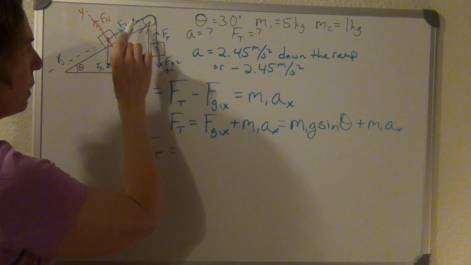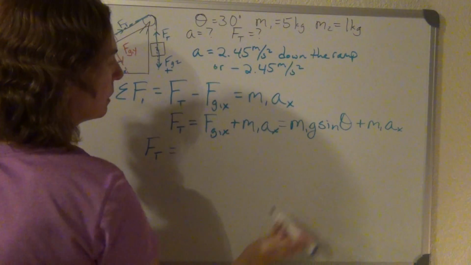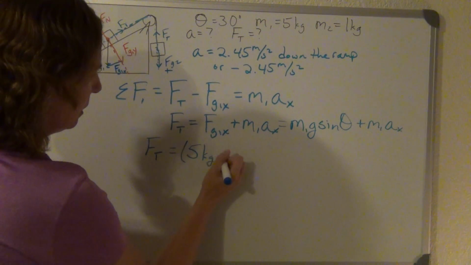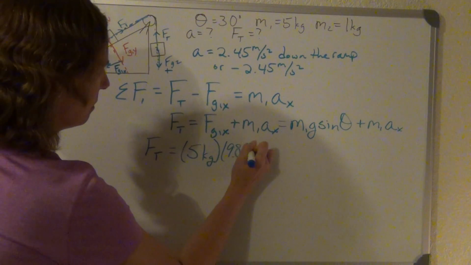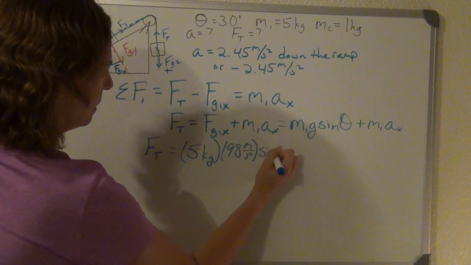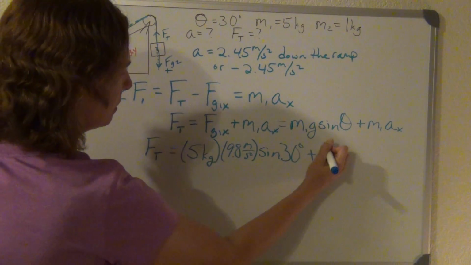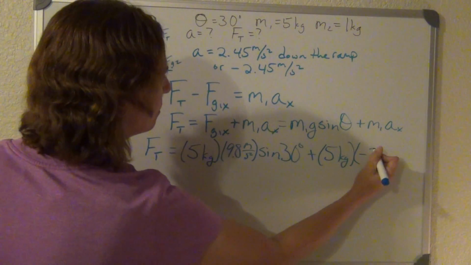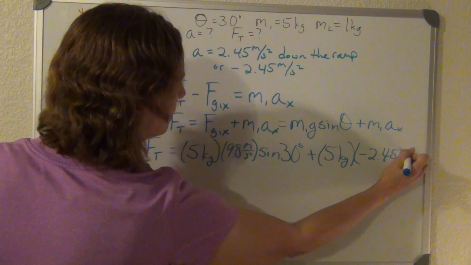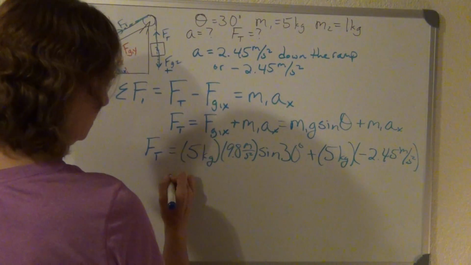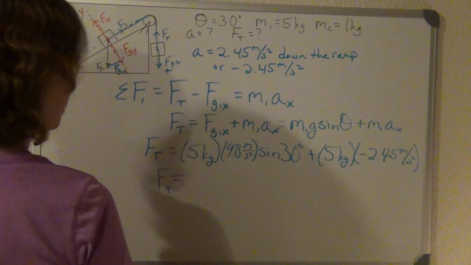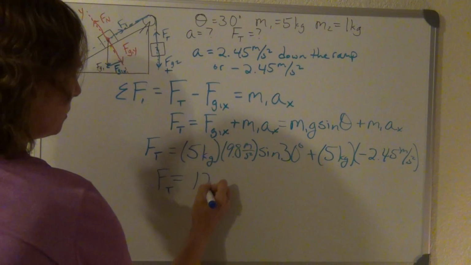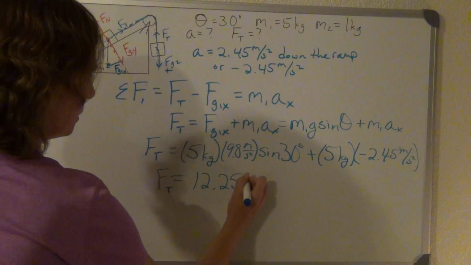So if I'm calling this direction positive when I sum my forces, I had better keep my negative on the acceleration, or bad things are going to happen. Okay, 5 kilograms, 9.8, sine of 30, plus 5 kilograms, and our acceleration was a negative 2.45 meters per second squared. If we total that out, our force of tension works out to be 12.25 newtons.